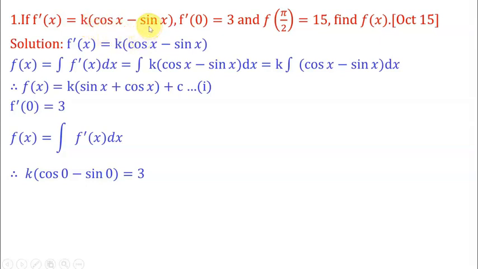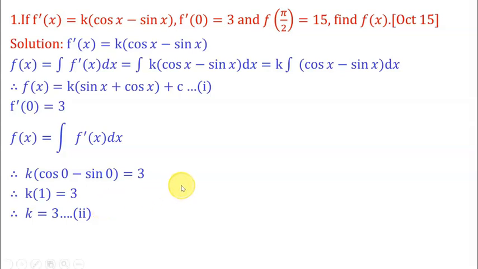Now replace x by 0: k into (cos of 0 minus sin of 0), and its value is 3. Cos 0 is 1, sin 0 is 0. Therefore k into 1 is k, so k is equal to 3.